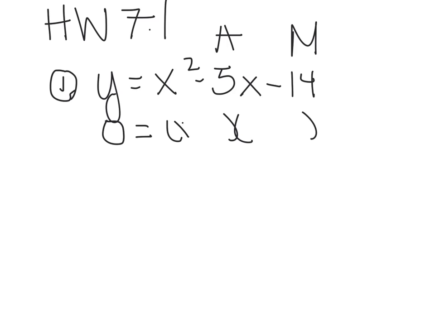Those would be -7 and +2. So the roots are x equals 7 and x equals -2. Furthermore, that's where this specific parabola crosses the x-axis.